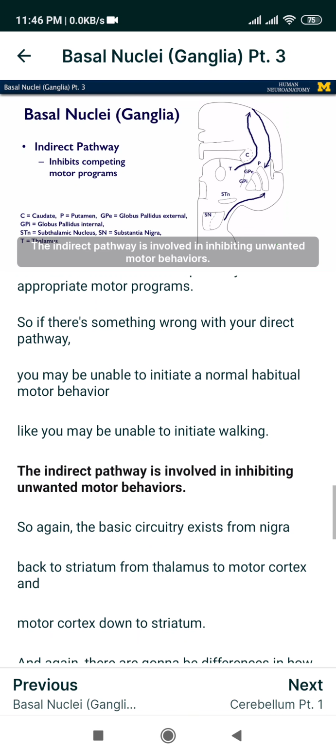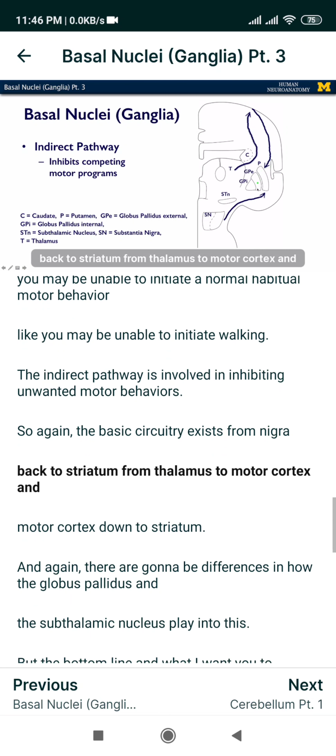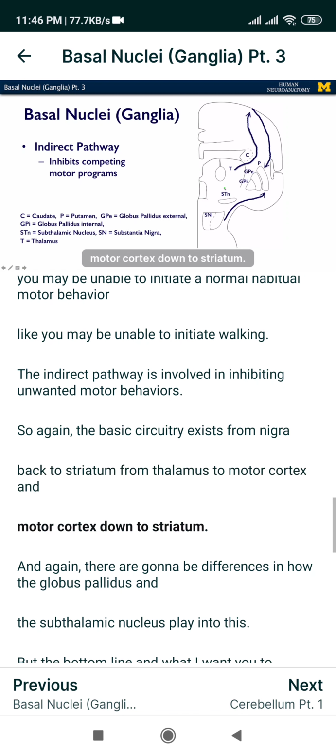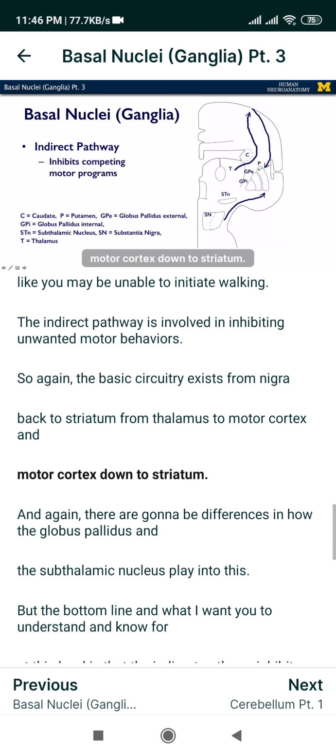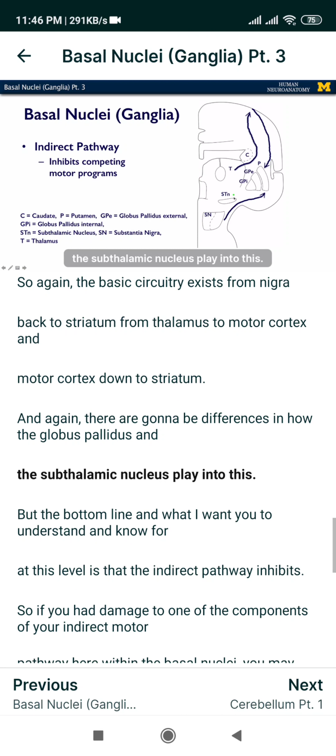The indirect pathway is involved in inhibiting unwanted motor behaviors. So again, the basic circuitry exists from nigra back to striatum, from thalamus to motor cortex, and motor cortex down to striatum. And again, there are going to be differences in how the globus pallidus and the subthalamic nucleus play into this.